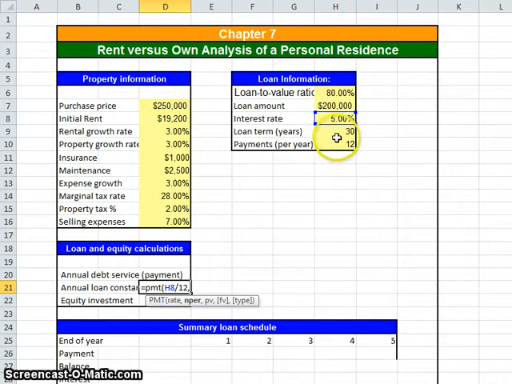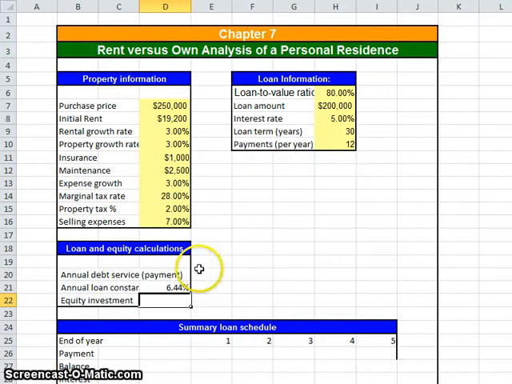And then 30 times payments per year. And then our present value would be -1. We'll take that times 12 years, 6.44%.